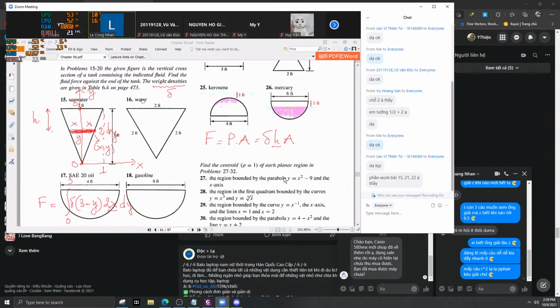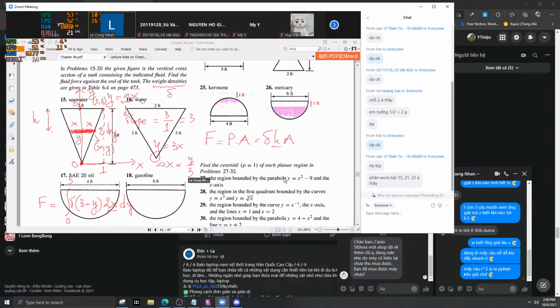This line has the form y equal a times x, where a is the slope. The slope equals the rise over the base. This point is x equal 1 and y equal 3, so the rise from the origin is 3 and the base is 1, and therefore the slope is 3. So we get y equal 3x, and therefore x equal y over 3.